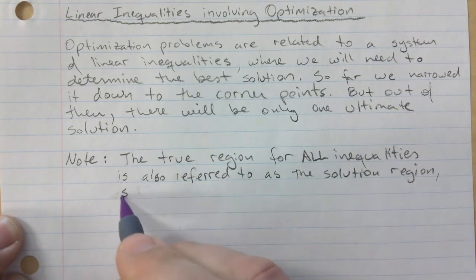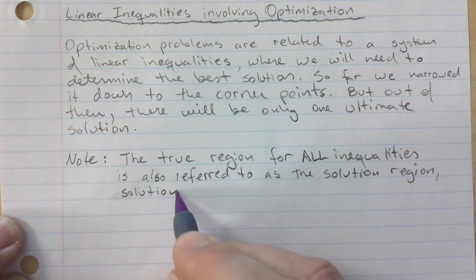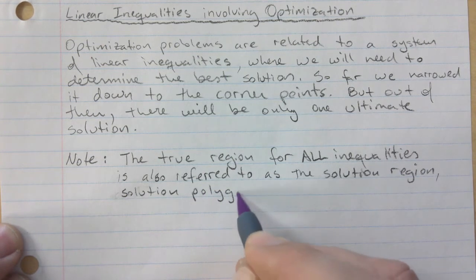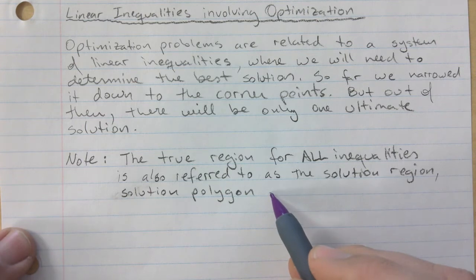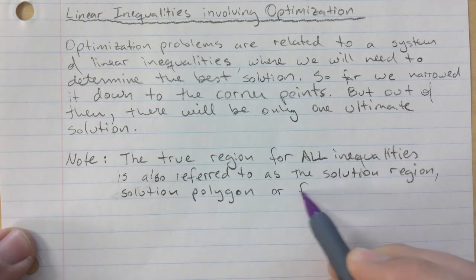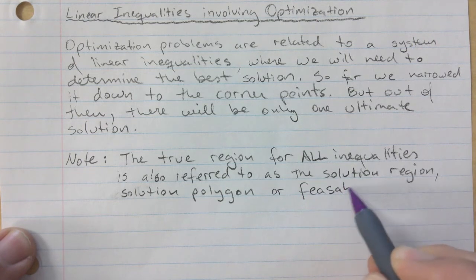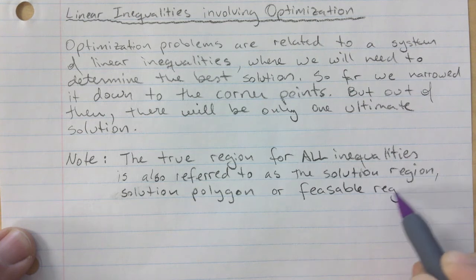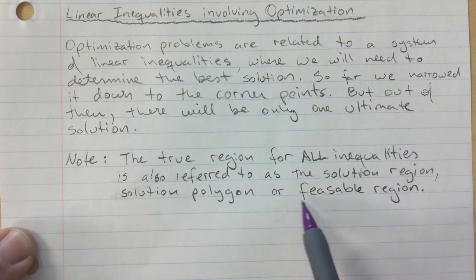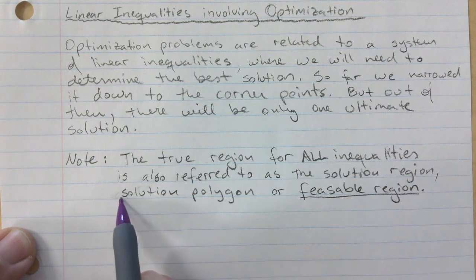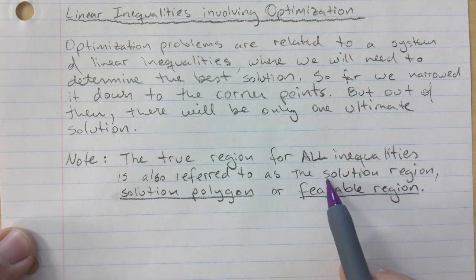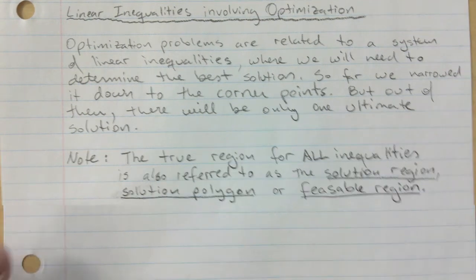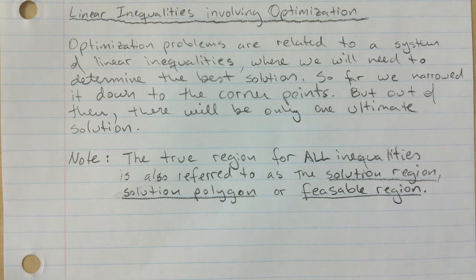Comma, solution polygon, or feasible region. And the reason why I'm giving you all of them is because sometimes certain worksheets are taken from a textbook or whatnot, and so they all mean the same thing, right?